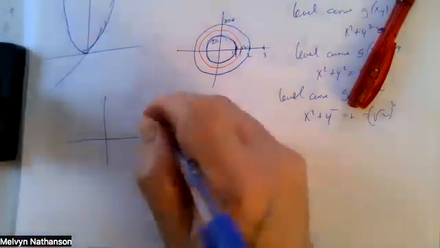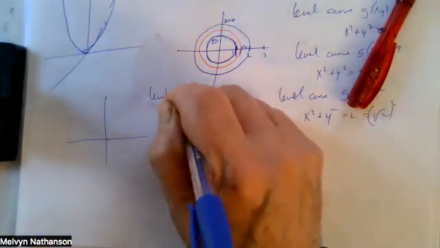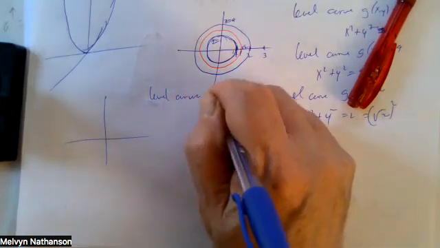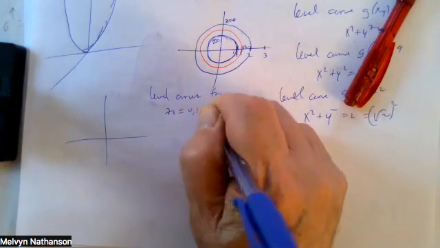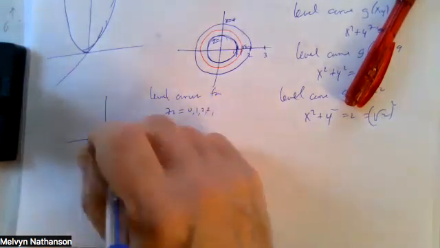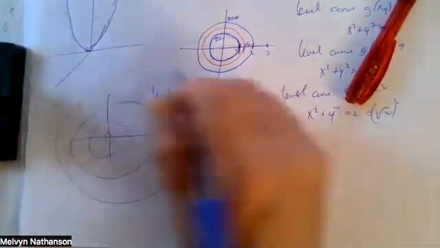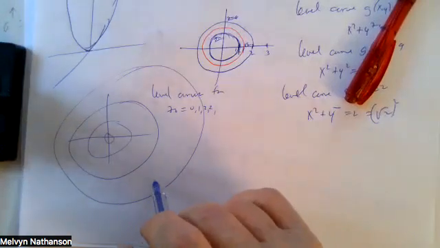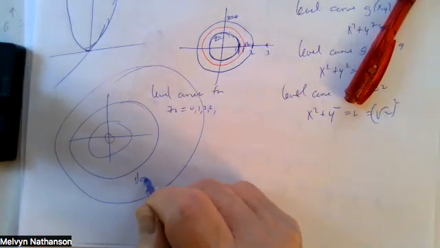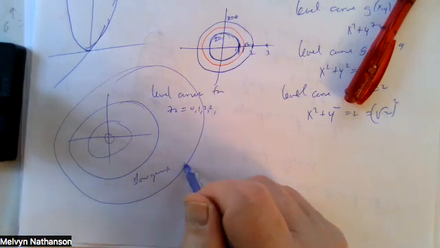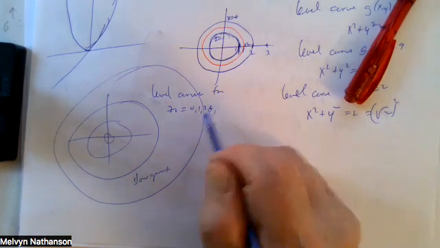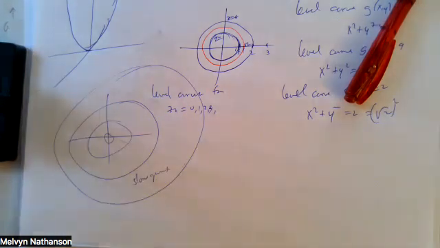If you draw level curves for z naught equals 0, 1, 2, 3, and so forth, if they look like this, that's kind of slow growth. As you go from here to here, the function is getting bigger, but slowly.